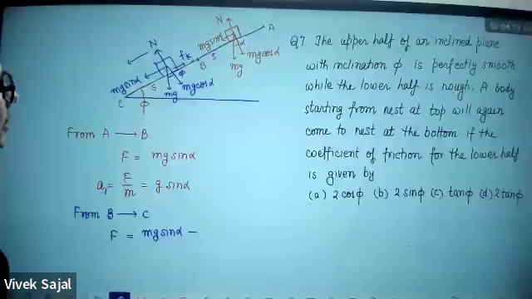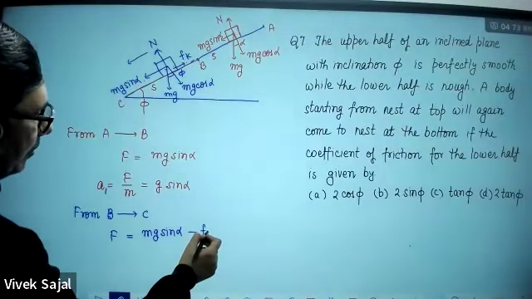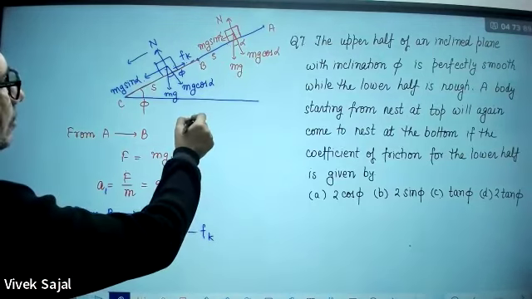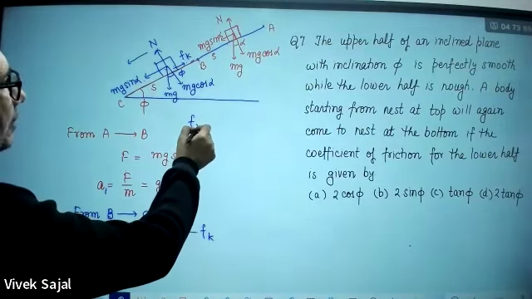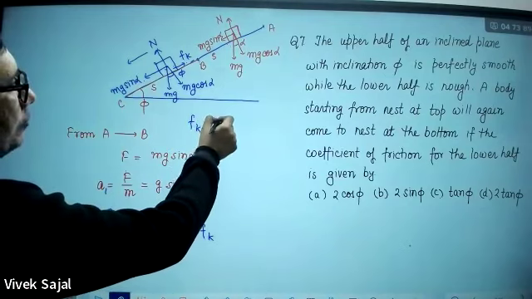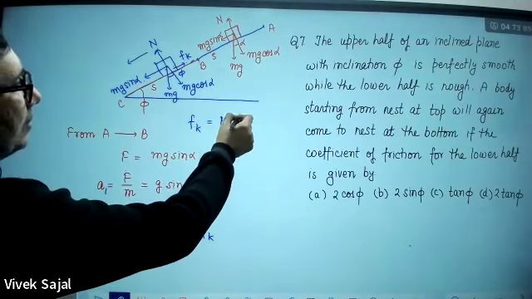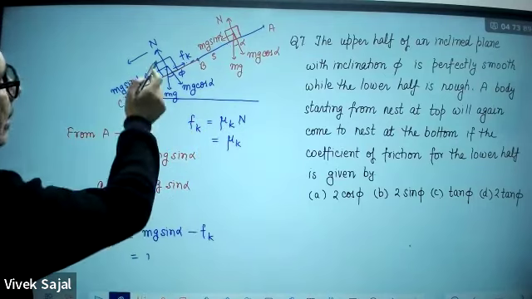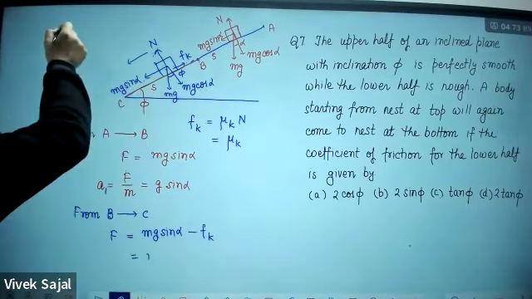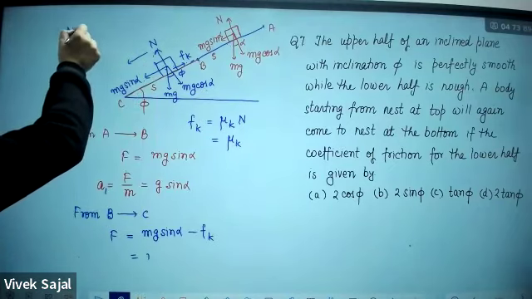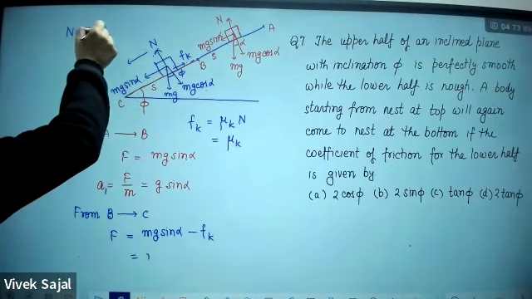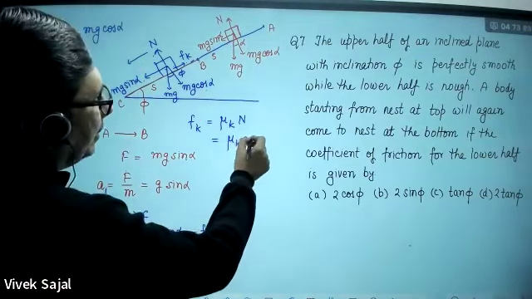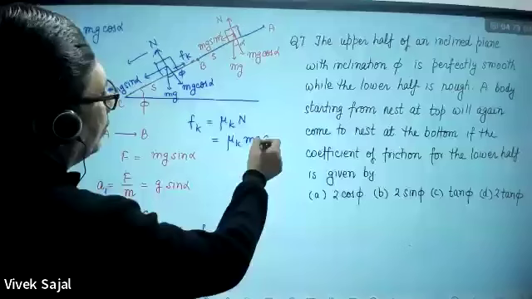What will be Fk? Can anyone tell me the expression for Fk? Fk will be equal to mu k times N. What is N? N is mg cos alpha. So here it is mu k mg cos alpha.